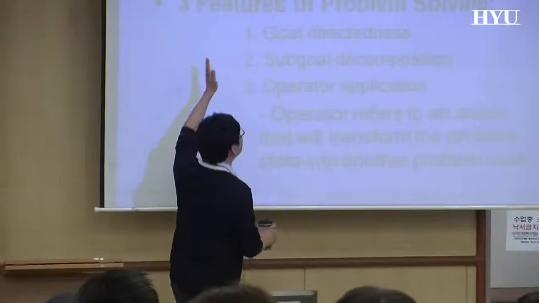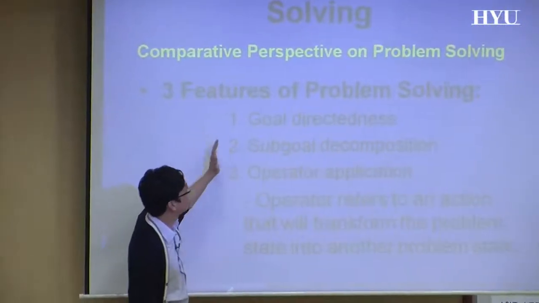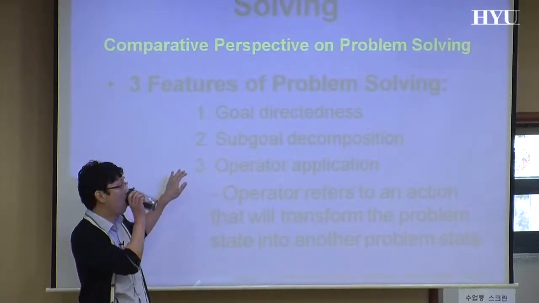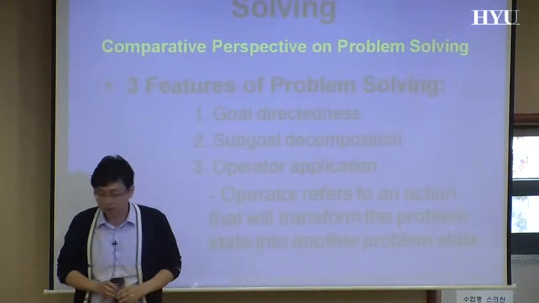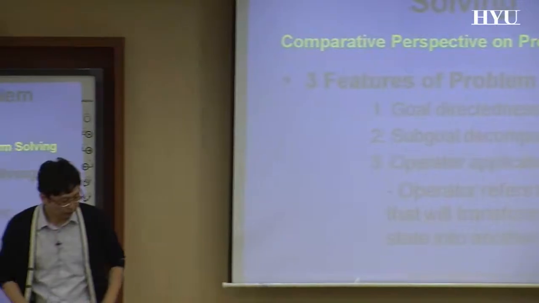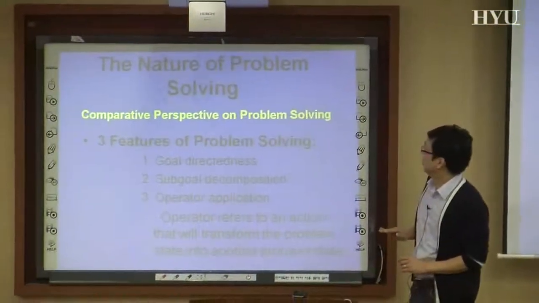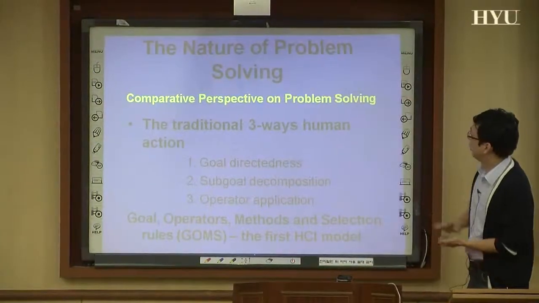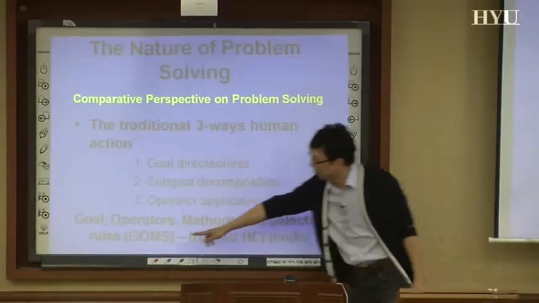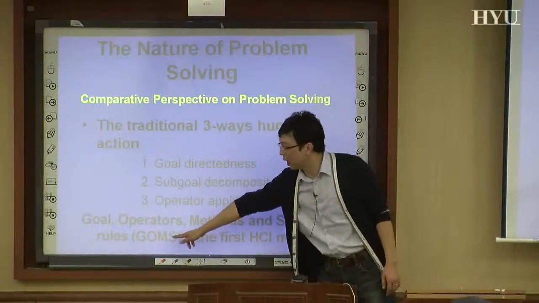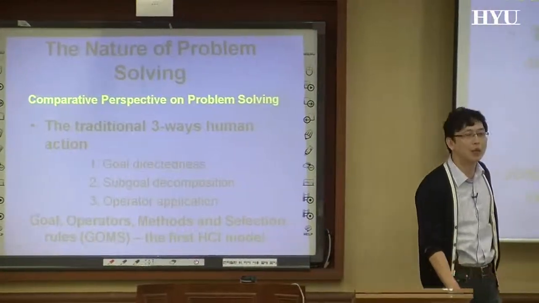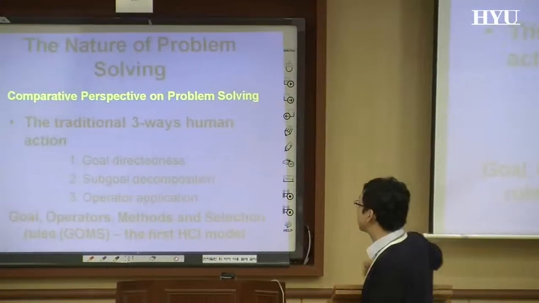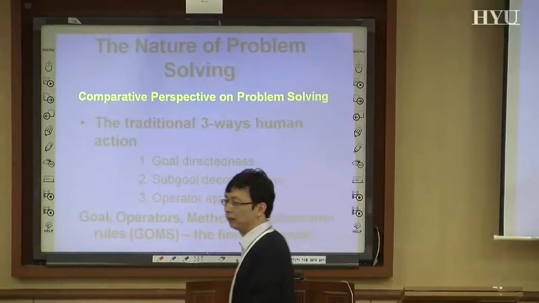So that is how the three features of problem solving work. We have goal and sub-goal decomposition, and then action selection. Right. So Allen Newell and Herbert Simon made the first HCI model called GOMS: goal, operators, methods, and selection rules.